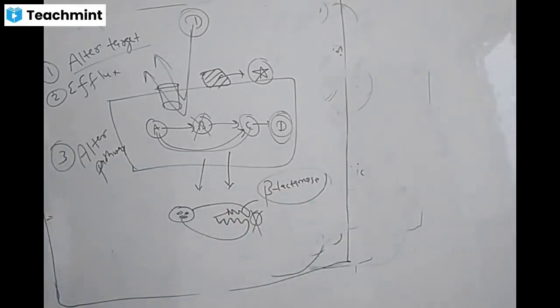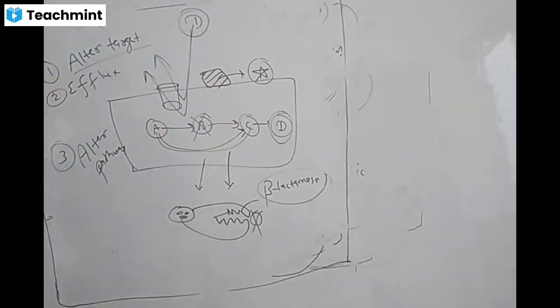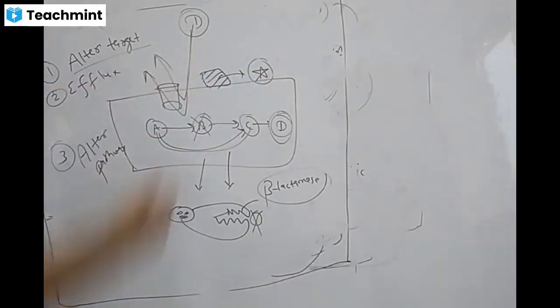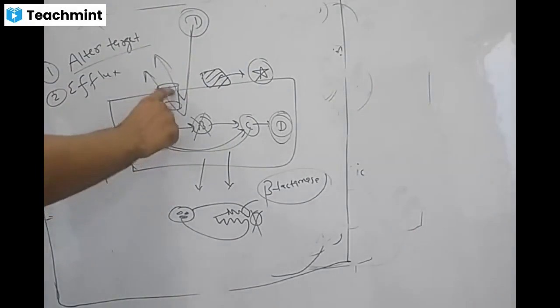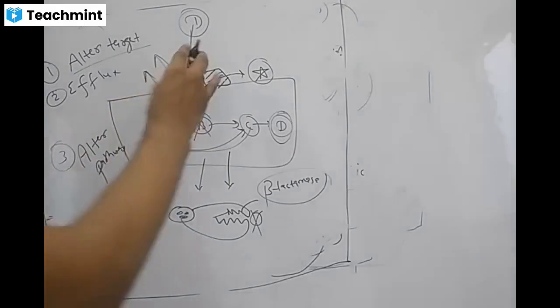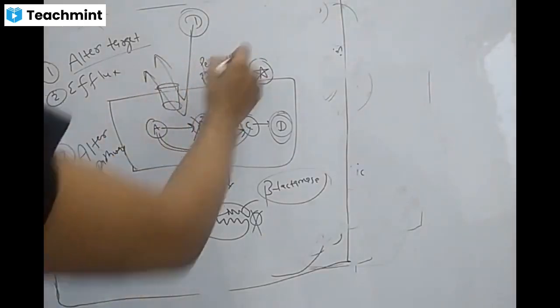So these are some common biochemical mechanisms where the bacteria try to protect themselves from the action of the drug. Changing PBP is the example of penicillin.